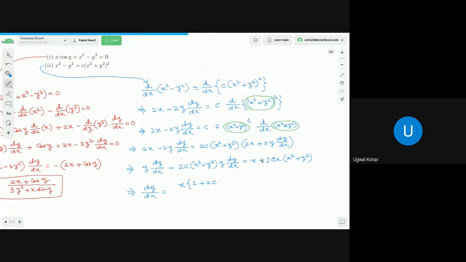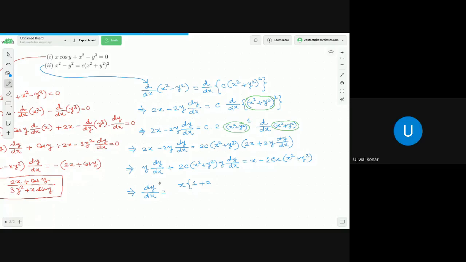Right, dear students? No, I was correct. So y dy/dx plus 2c into x square plus y square. No, I was correct actually. All of you are comfortable with it, right? Correct? Yes. Absolutely clear or not clear?